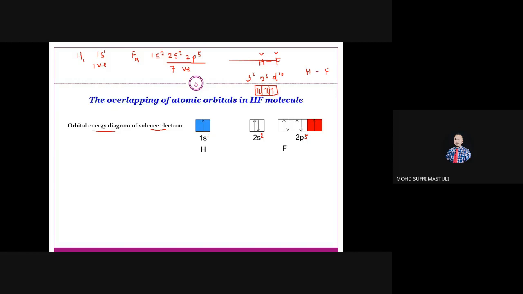Because we know hydrogen will contribute one electron and fluorine will contribute one electron, the electrons should be single, single: single from hydrogen, single from fluorine. So they will share in order to form a single bond. In this case, the orbital involved in the formation of this bond is the s orbital with the p orbital.